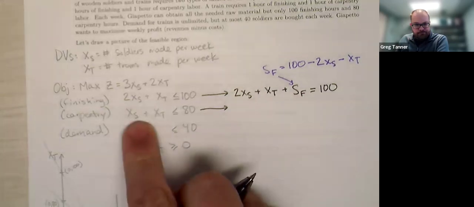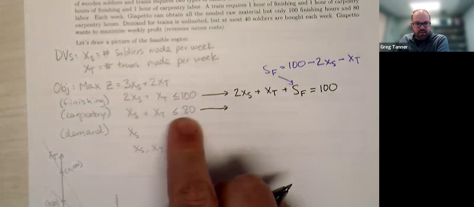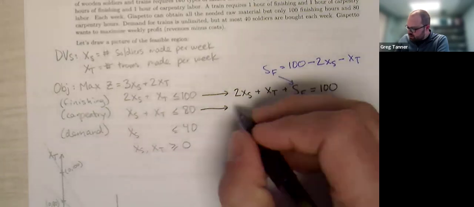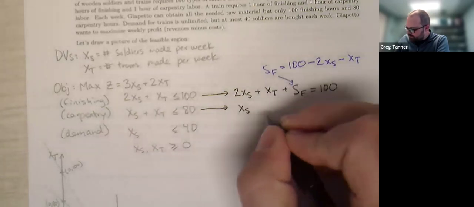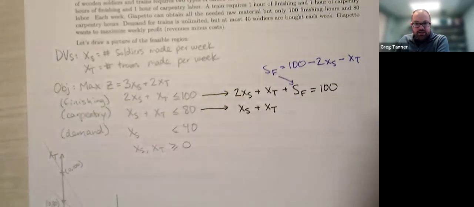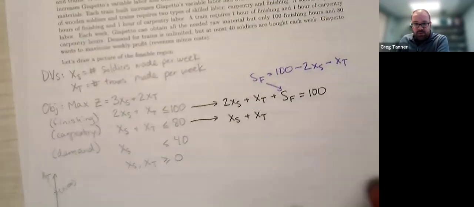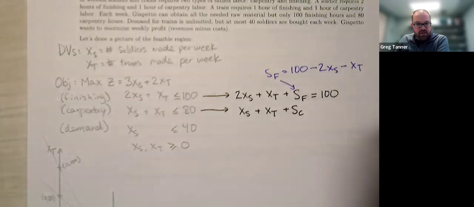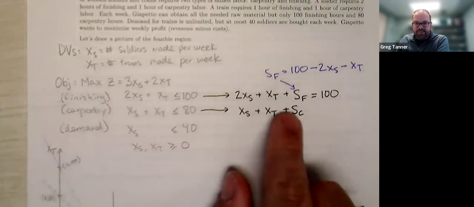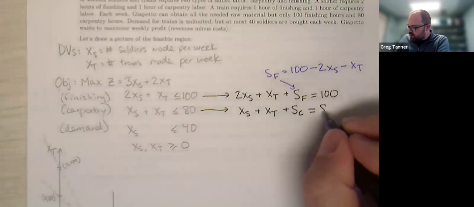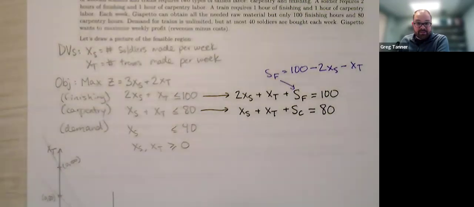Okay, so for this one, we're going to take this constraint. It's a less than or equal to constraint, so we copy down the left side. Then we introduce a slack variable, and it's going to be a different slack variable than the first constraint. I'll add SC, C being carpentry, so this is the slack variable for the carpentry constraint. Then that inequality becomes an equality with the right-hand side of 80.